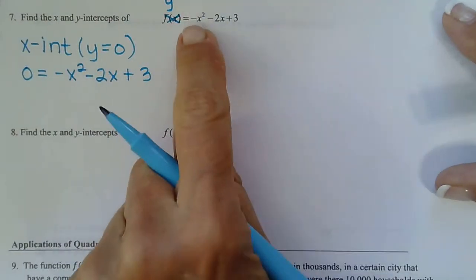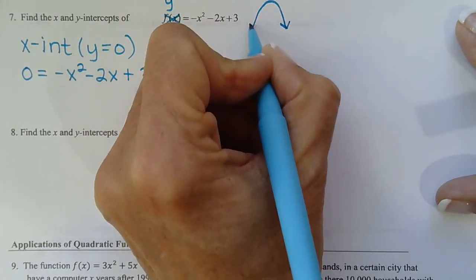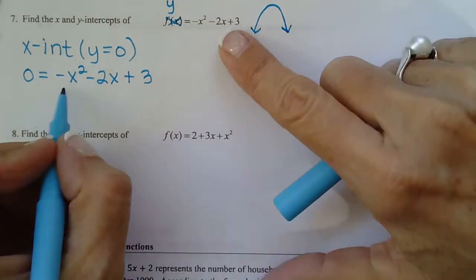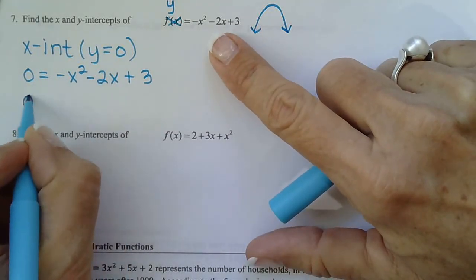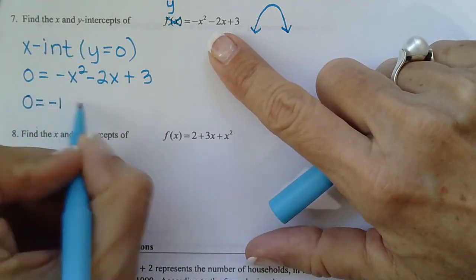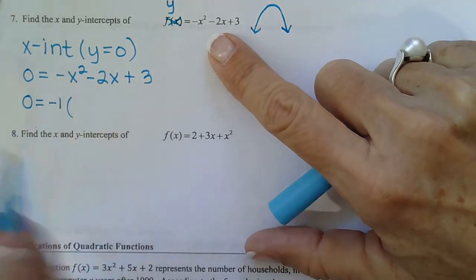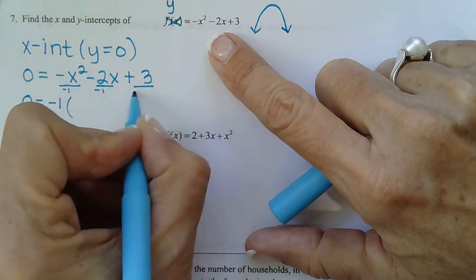And because this leading coefficient's negative, I know this parabola cups upside down, right? Okay, so we learned you can never have a negative out in front. So the very first thing you want to do when you see a negative is bring out that -1. Nothing else is common. So that means my GCF is just -1.